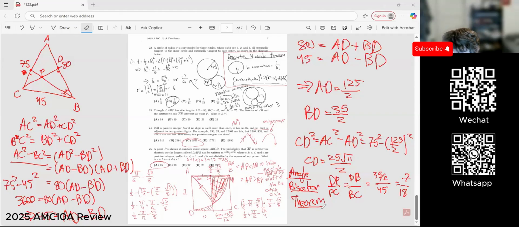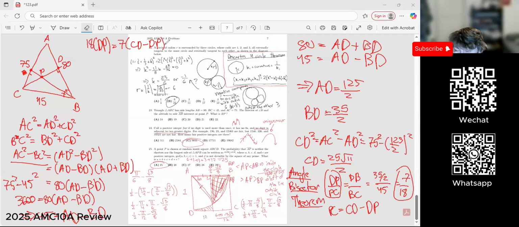We also know that PC is equal to CD minus DP. If we rearrange this equation, then we get 18 times DP is equal to 7 times CD minus DP. Running out of space here. Let's see.